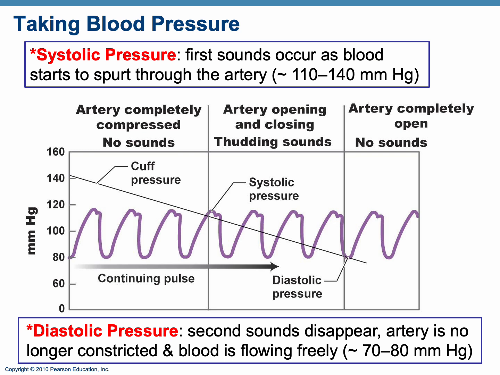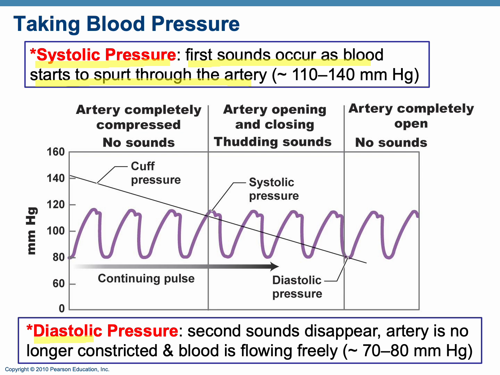Okay, so when you're listening closely, the first piece of data that you're going to collect is going to be the systolic pressure. So that's going to be the first sounds that occur as blood starts to spurt through that artery, in this case, the brachial artery. Then you're going to keep listening.